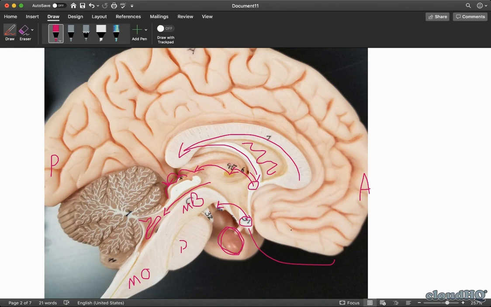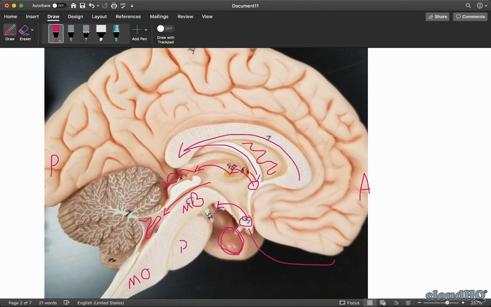But let's go over it one more time. We have the corpus callosum dropping into the fornix, going into the hypothalamus, then to the thalamus, to the pineal gland, back towards the superior colliculi, then the inferior colliculi. We got the cerebral aqueduct coming down into the fourth ventricle.